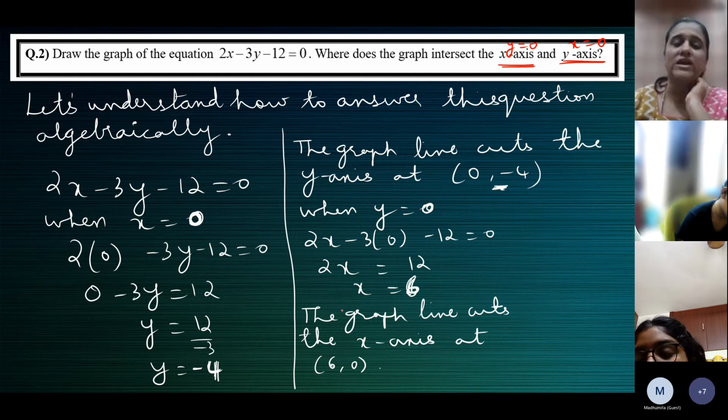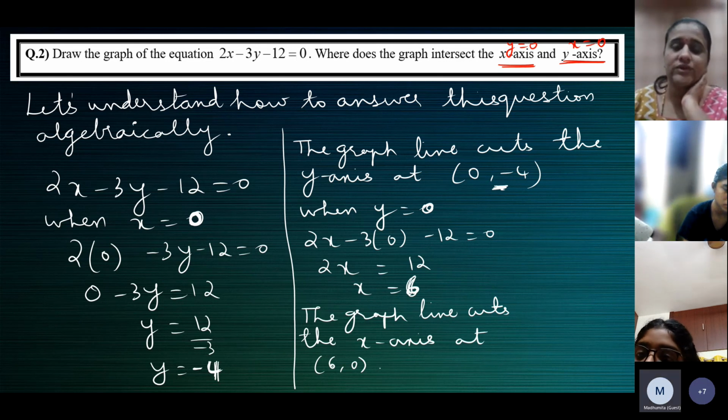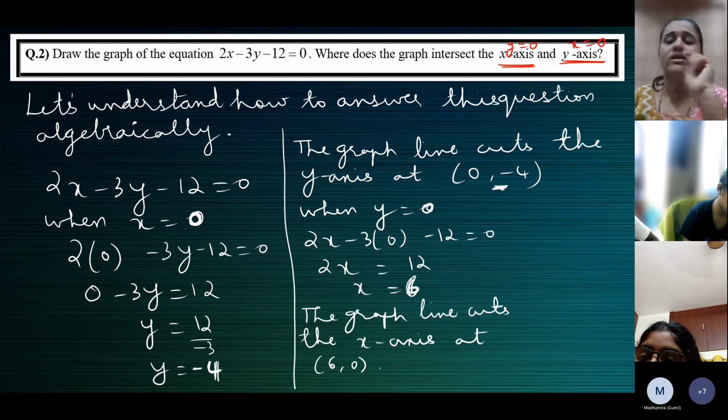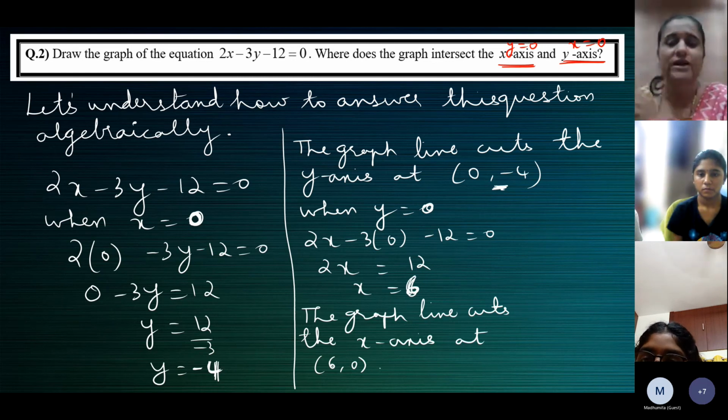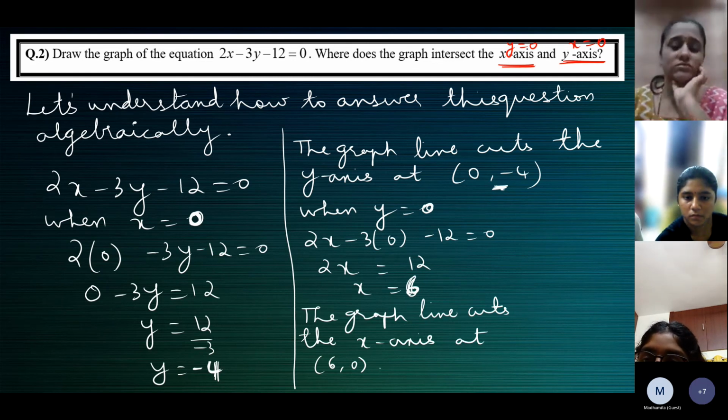That's over. For one value of x, you will have one value of y. When you take x as 0, y is -4. When you take y as 0, x is 6. For one value of x, you will have a corresponding value of y. If you again take y as -4 in the equation, you will get x is 0. Yes, ma'am.